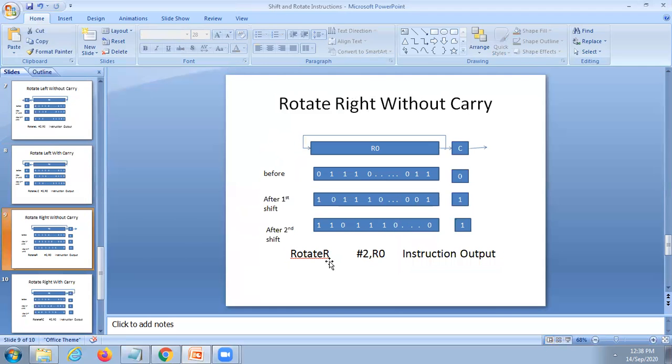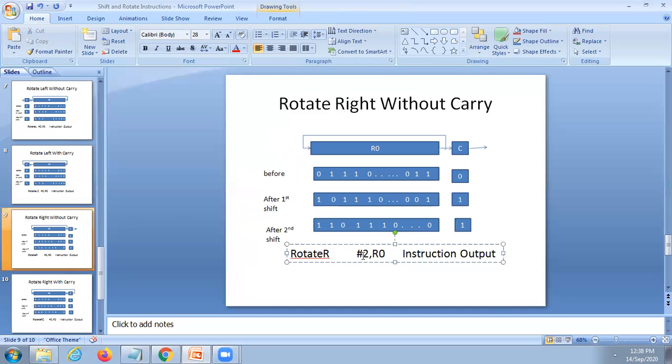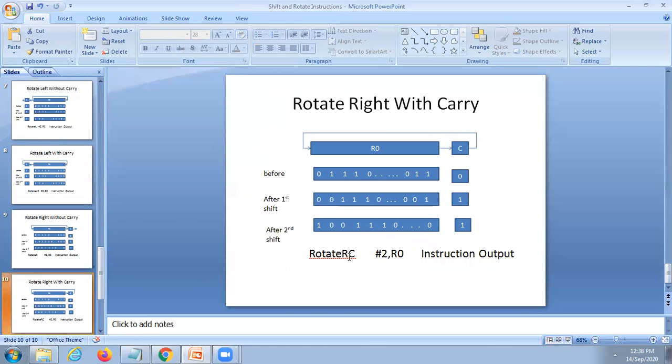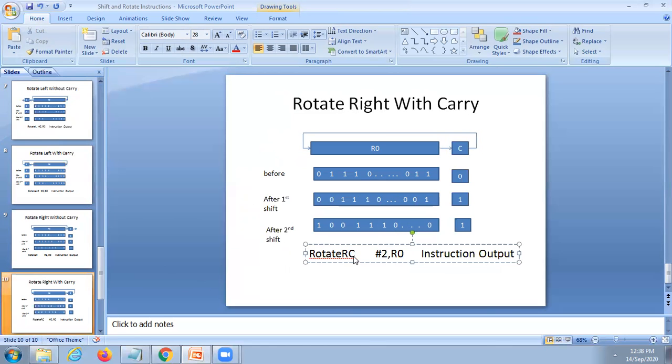This one is rotate right by 2 bits on the contents of R0. This is rotate right with carry by 2 bits on the contents of R0. All these are immediate addressing instructions.